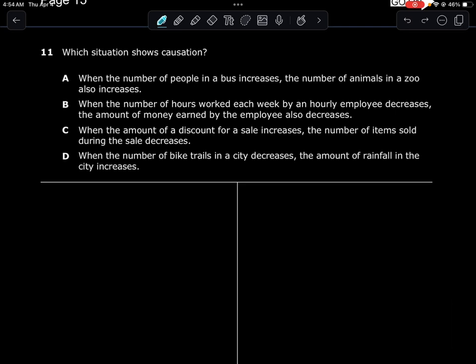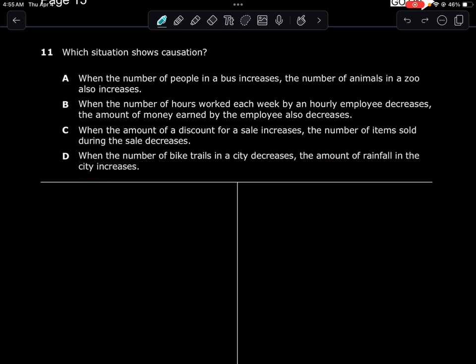Which situation shows causation? Causation means that there are two events. One of them is the cause, and the other one is the effect. Okay, they just want to see if I can read correctly. Let's start from the bottom. When the number of bike trails in a city decreases, the amount of rainfall in the city increases.